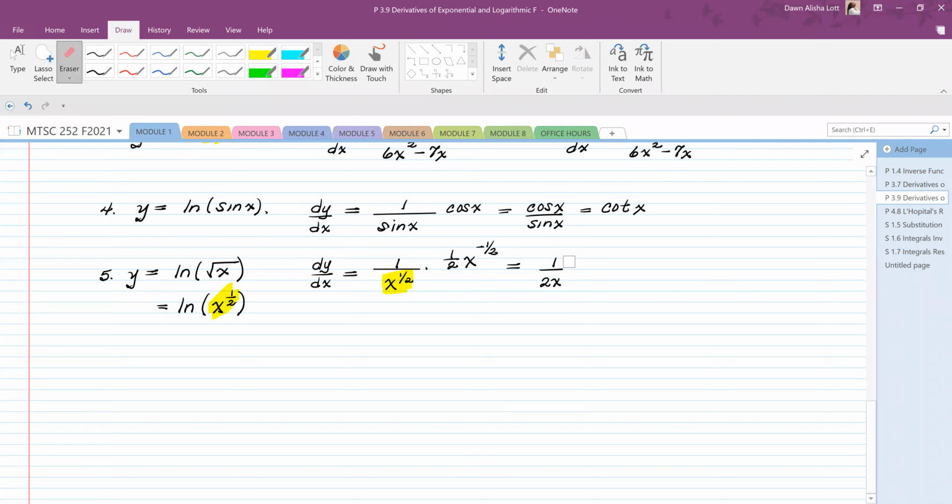Okay, so basically what I did was I said, this is 1/2. Then I have 1 over x to the 1/2. And I can bring the other x to the 1/2 to the denominator.